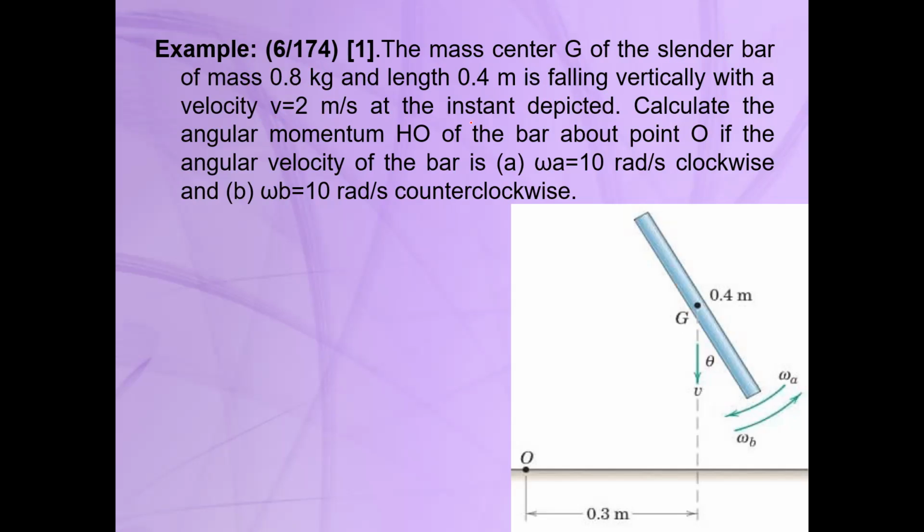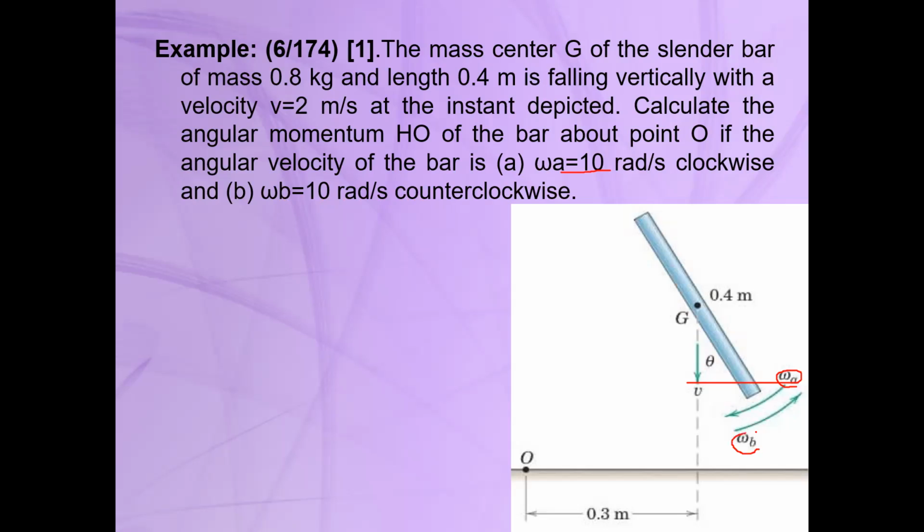At the instant depicted, calculate the angular momentum H_O of the bar about point O if the angular velocity of the bar is, part A, 10 radians per second in the clockwise direction, and part B, 10 radians per second in the counterclockwise direction.